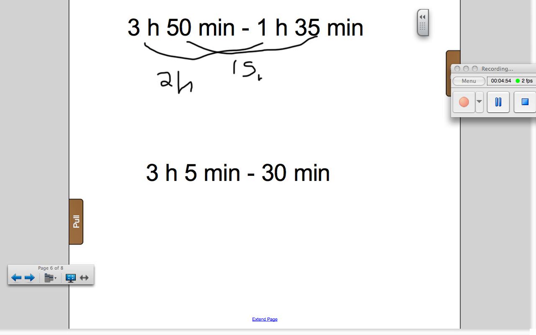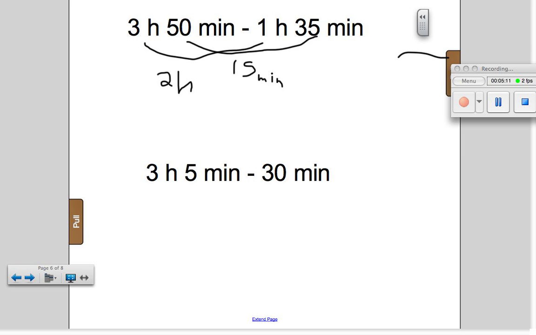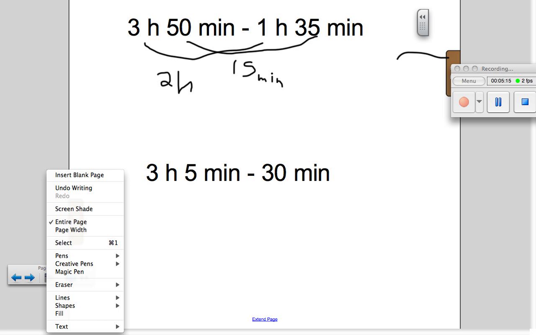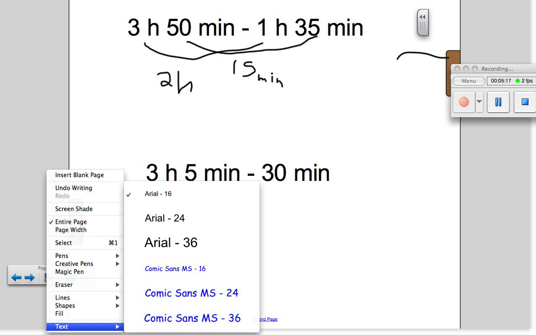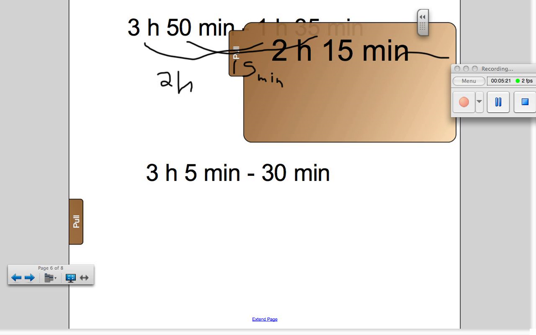So we have 2 hours and 15 minutes when we subtract those times.